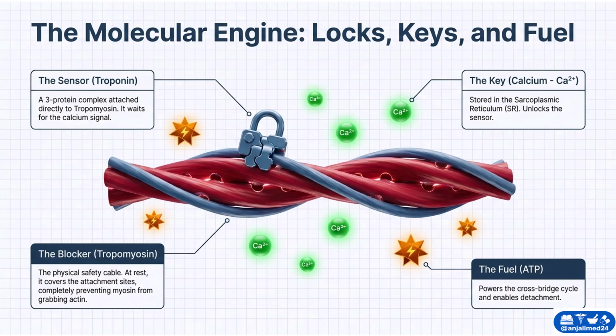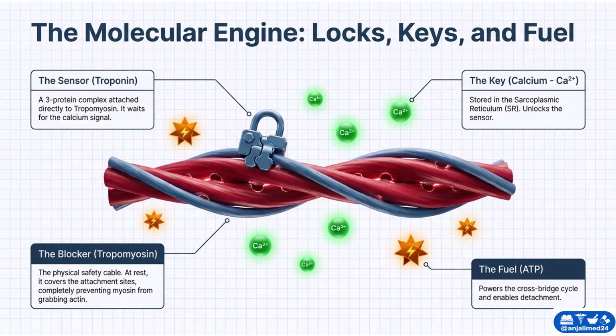Third, ATP powers calcium pumps that return calcium back into the sarcoplasmic reticulum during relaxation. So, ATP is necessary both for contraction and for relaxation. Without ATP, myosin remains attached to the actin, leading to sustained rigidity as seen in rigor mortis.